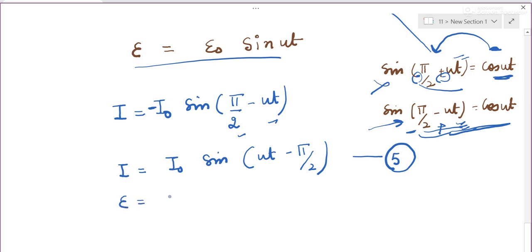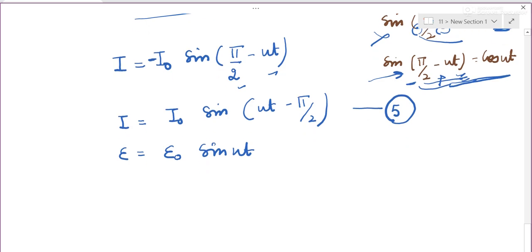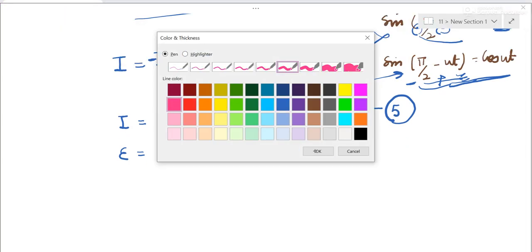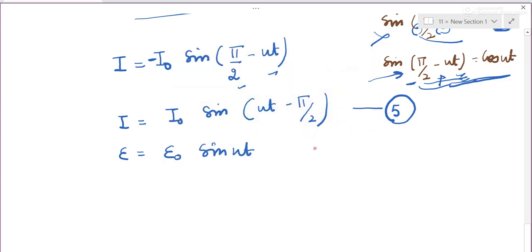So we have to comment about the current-voltage relationship, like we did in the case of an AC circuit containing a resistor only. Now this is the case of an AC circuit containing an inductor only. So what will we write? From 5 and 1 we can see that this is omega t and this is omega t minus 90. So current is lagging behind the voltage by a phase angle of 90.